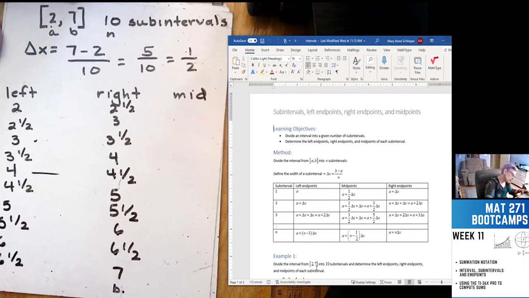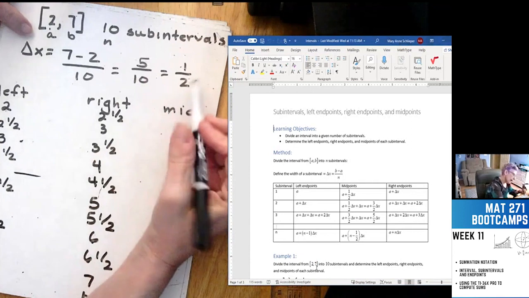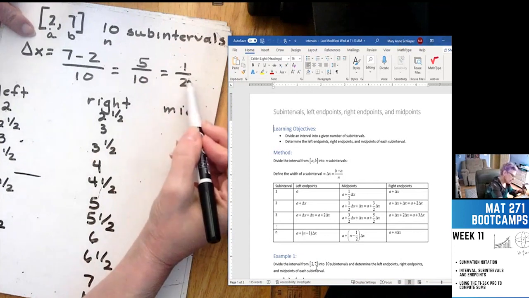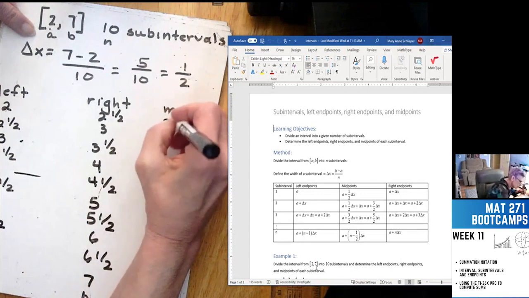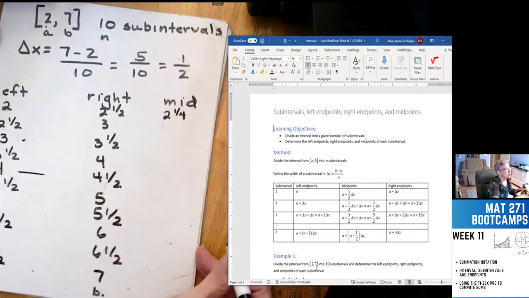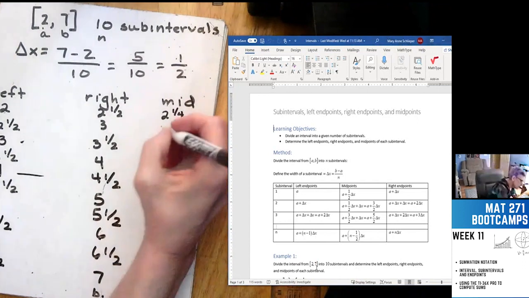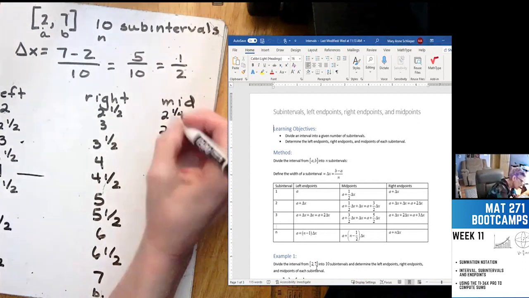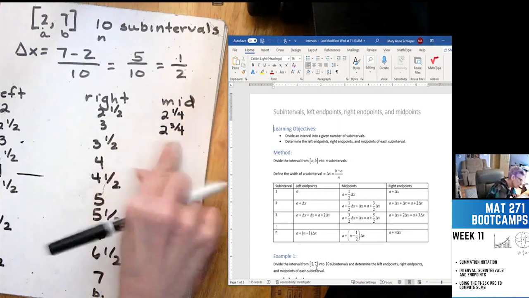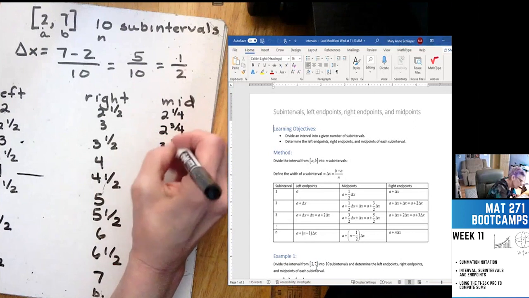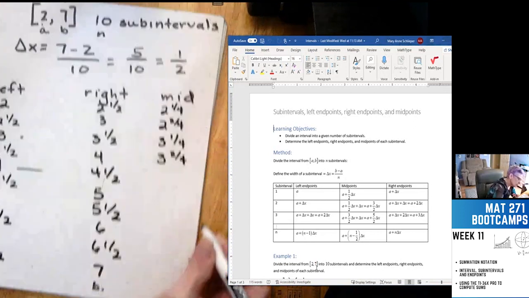Midpoints is where the arithmetic's a little trickier. We start 1/2 of delta x away from 2. So 2 1/4. And then 10 times we add. So we add 2/4 gives me 2 3/4. 3 1/4. 3 3/4.